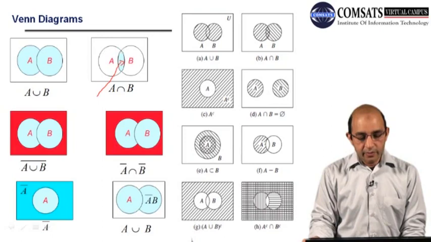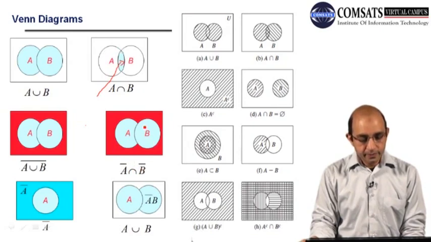And this is the same stuff. If you look over here, if you talk about A complement only, then if we have A only, this red shade will be the A complement, but we are using intersection.